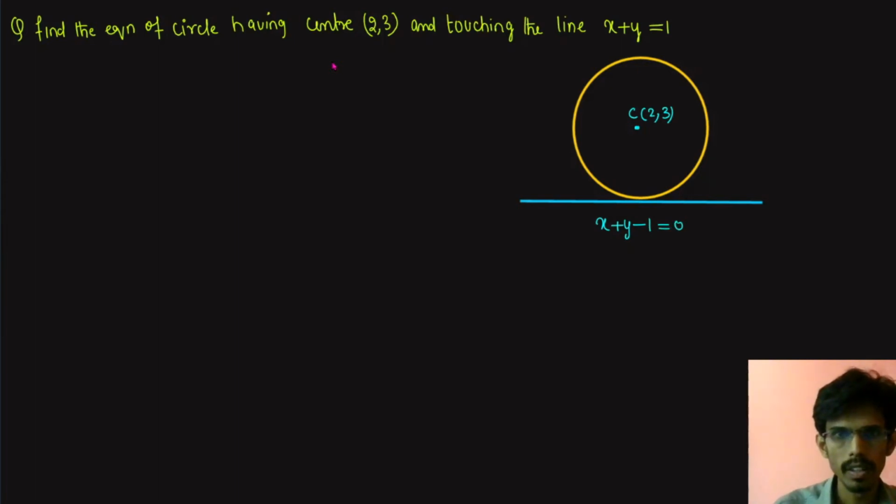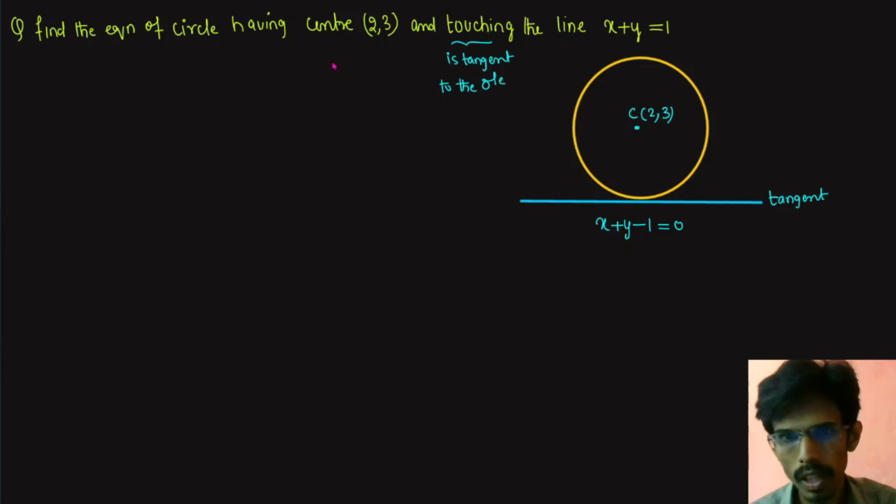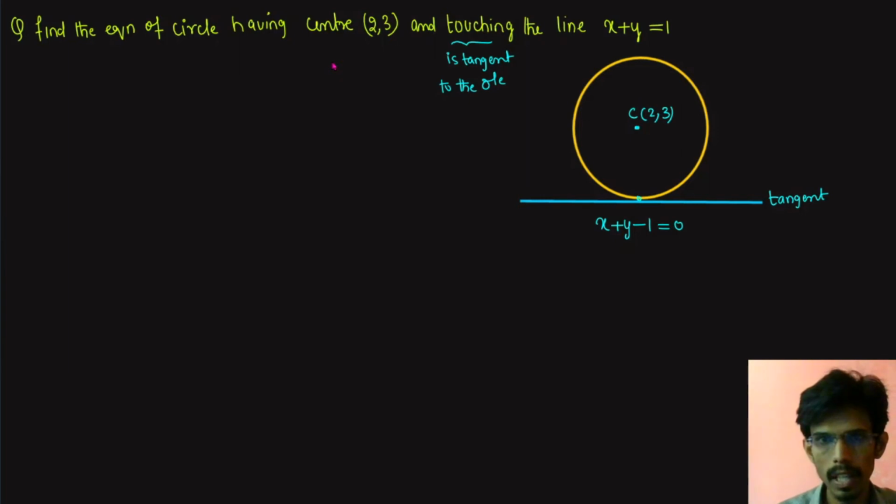Now the word touching means this line is tangent to the circle. Tangent is nothing but a line that touches the circle at only one point, at a single point. That line is called tangent.